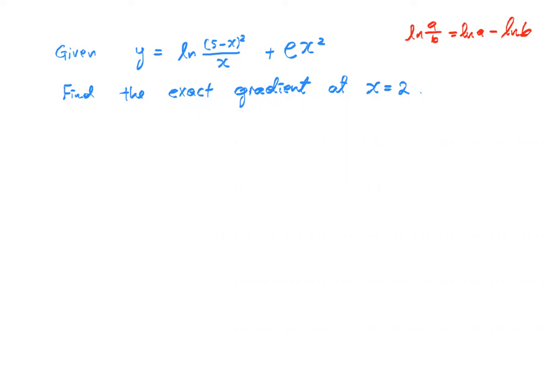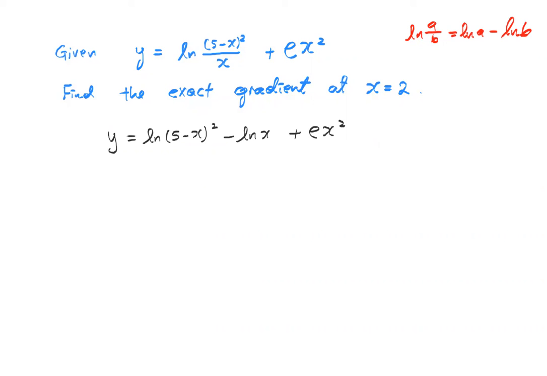Okay, so can I give the answer? First of all, I have to change the ln first to become like that. y equal to ln (5 minus x) the whole thing squared, take away ln x plus e x squared.